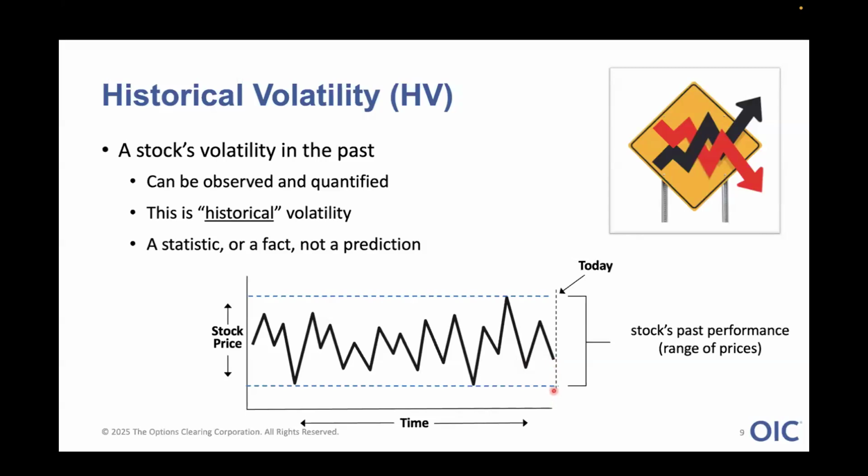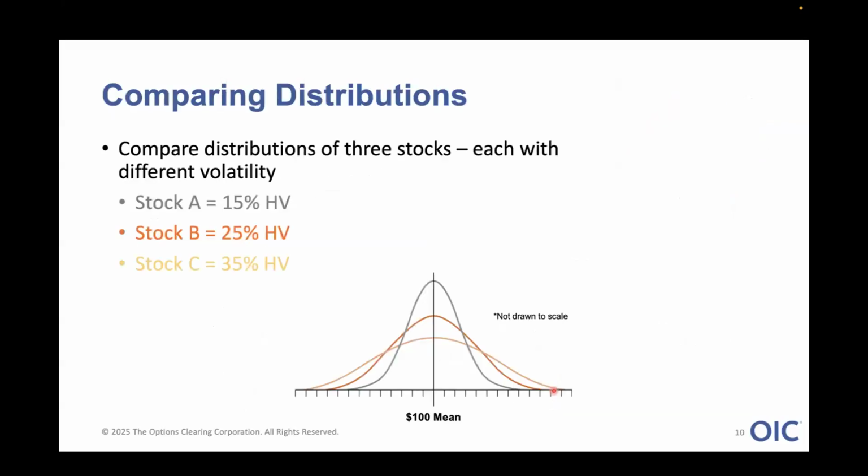But just keeping on this one track on historical volatility, let's look at three different stocks: stock A, stock B, and stock C. And each one of these stocks are $100 stocks. And stock A here in gray trades at a 15% historical volatility. In other words, it's the least volatile of the three.